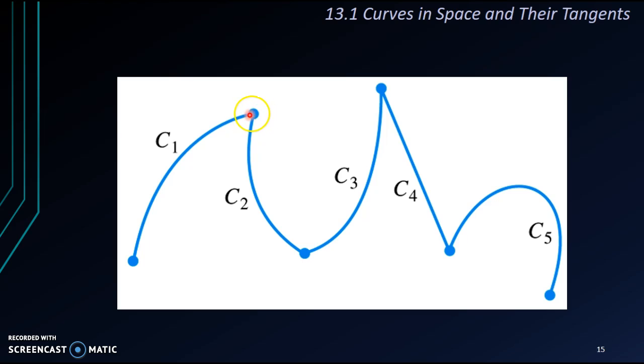But there is a sharp point at the intersection between C1 and C2, and there are three more intersection points which are sharp corners. At a sharp corner, we are unable to differentiate. So this is what differentiability means.